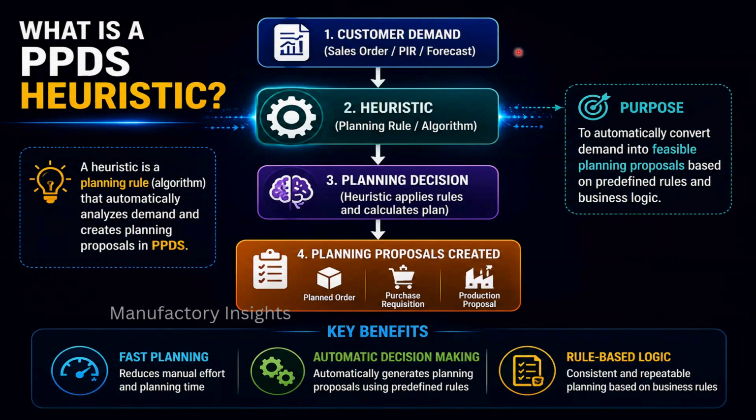To understand the importance of heuristics, let's see where they fit in the planning process. Planning starts with the customer demand, such as sales orders or planned independent requirements. PPDS then synchronizes demand and supply information. At this point, heuristics act as a planning engine.